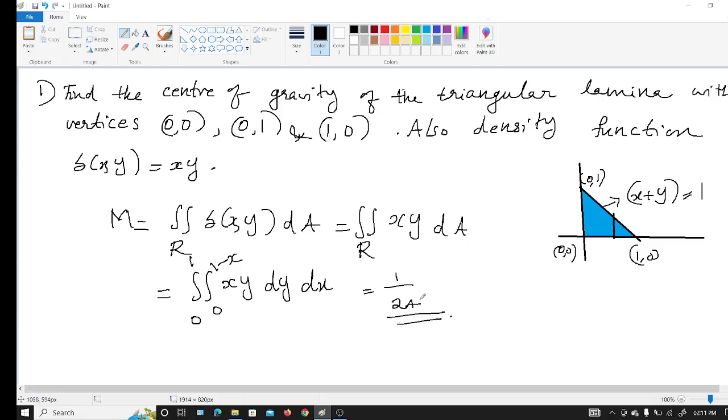Now, we can find capital My and capital Mx, that will give you the moments of the lamina.